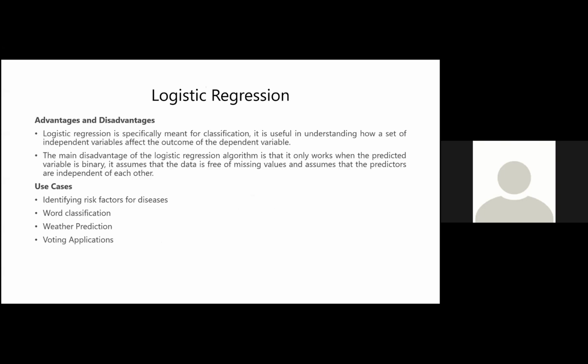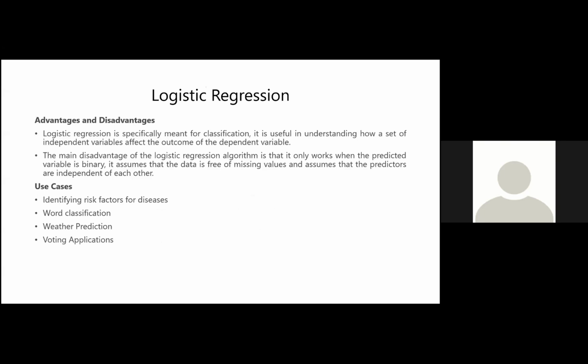Coming to the advantages of logistic regression, it's the simplest algorithm that's used. It is mainly used for binary classification, and it's useful for understanding how a set of independent variables affect the outcome of a dependent variable.